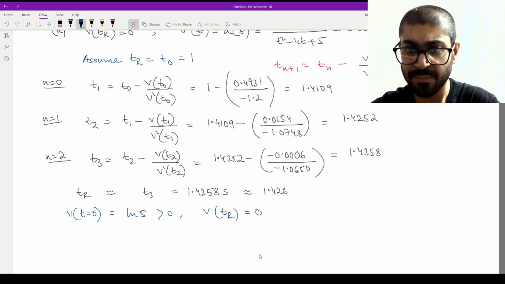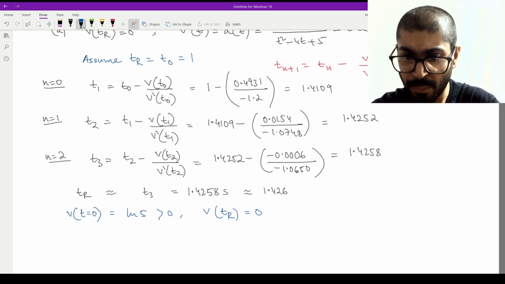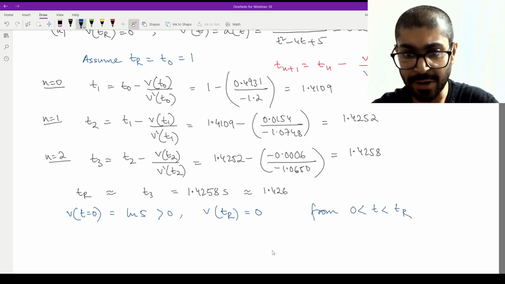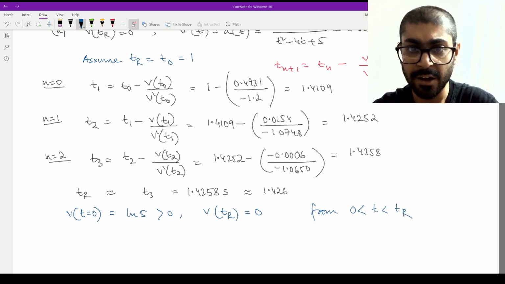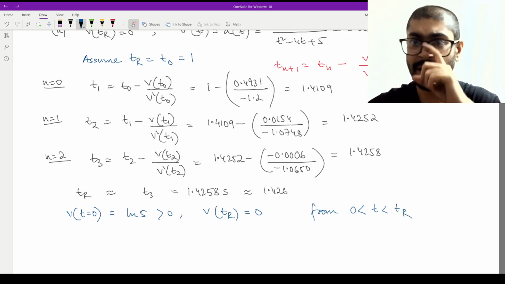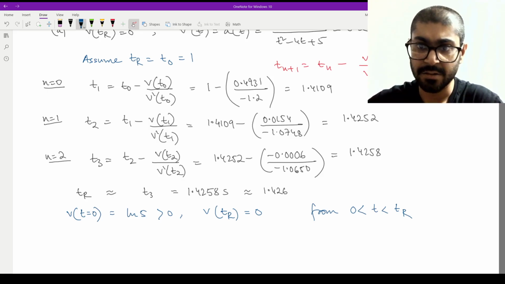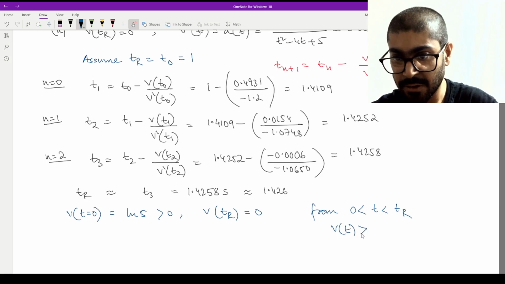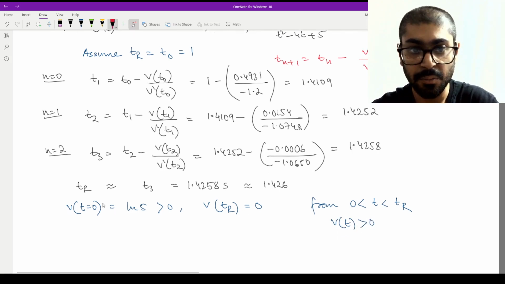So that means from 0 the velocity will be positive, right? Which means the particle is moving along the x-axis. No negatives means no change in direction. So here v of t is greater than 0, which means the particle moves towards the right.